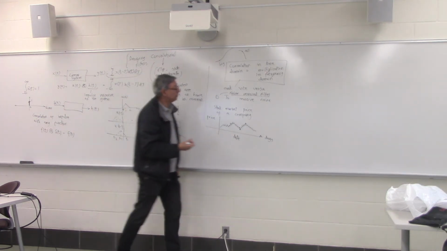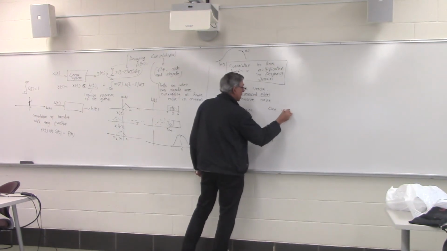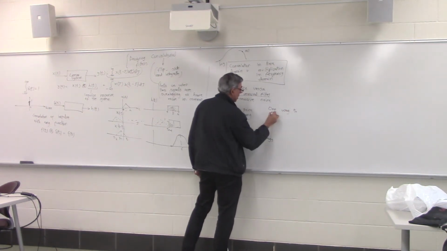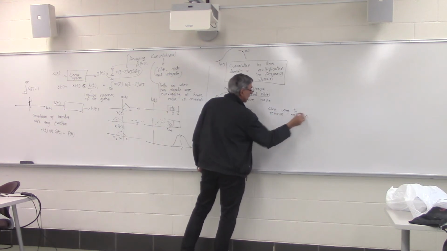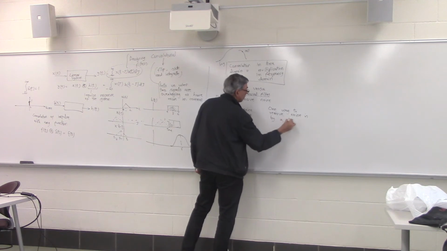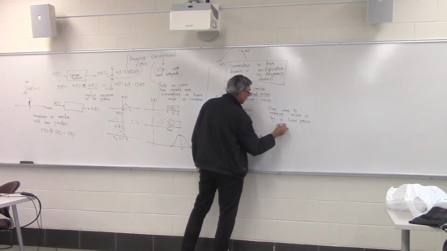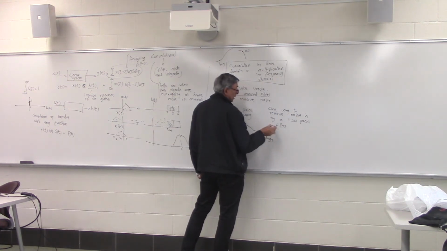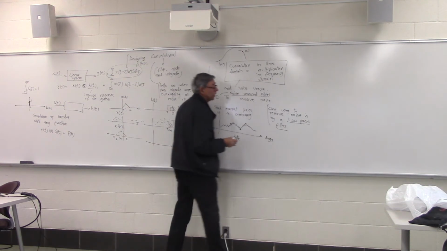Easy way to remove noise. Okay, so one way to remove noise is by a low pass filter. Meaning pass our data through what we call a low pass filter. Okay.